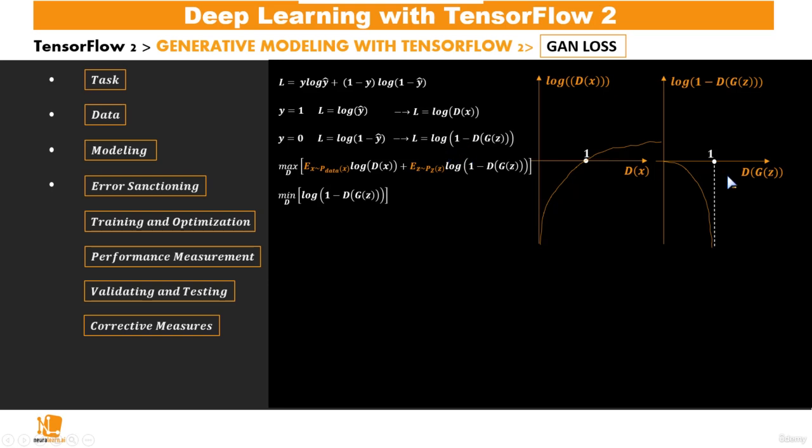So as D of G of z is tending towards 1, we are approaching negative infinity. So in order for the generator to produce very realistic data, it needs to have this D of G of z approach 1 as much as possible. And that said, our aim here is to minimize the log of 1 minus D of G of z.